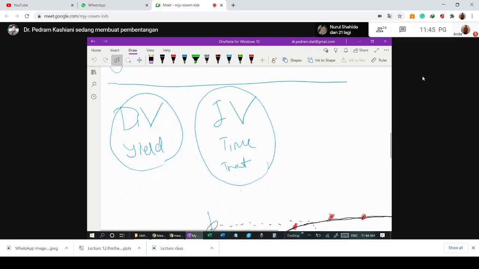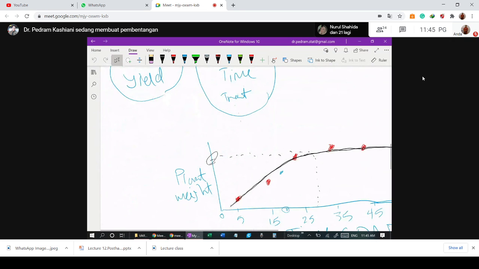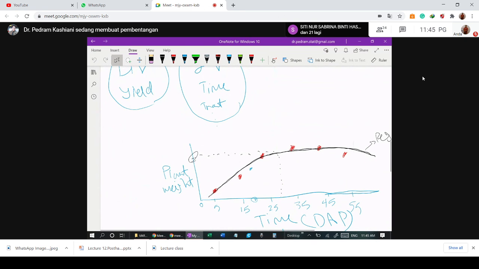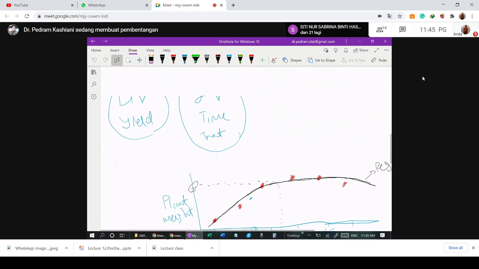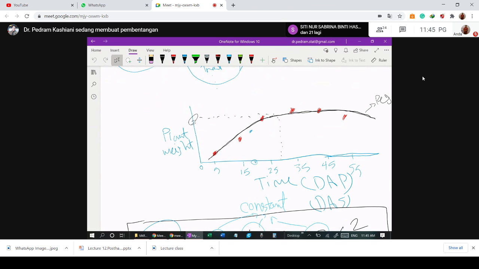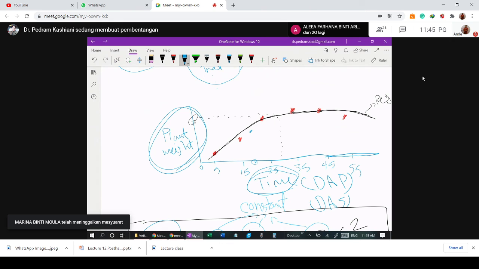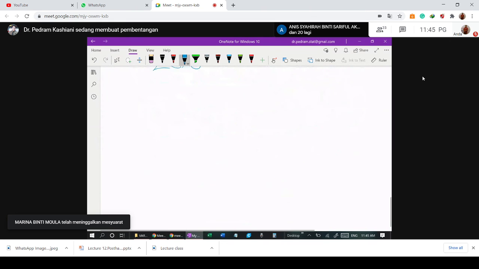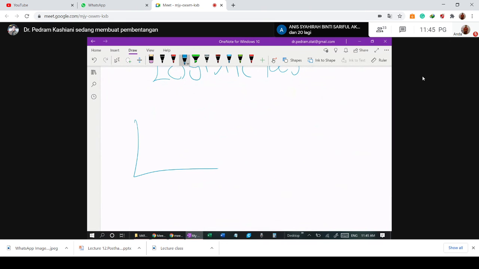And for regression analysis, the aim is estimating one dependent variable using independent variables. So how can we do this? We can do this by regression analysis. And we have many different regressions. For example, this is linear, goes up.